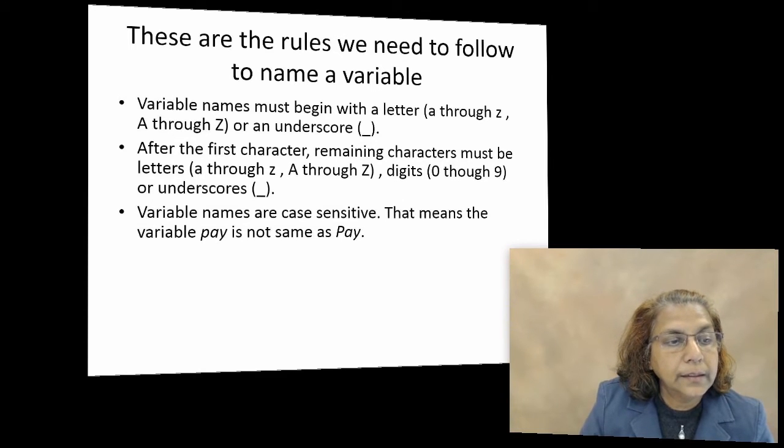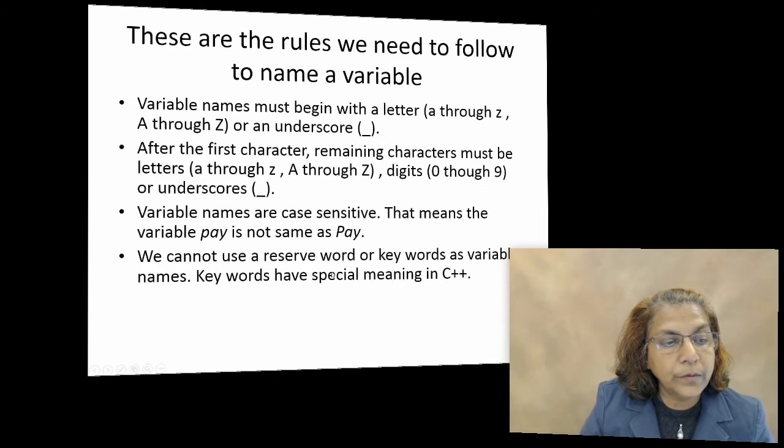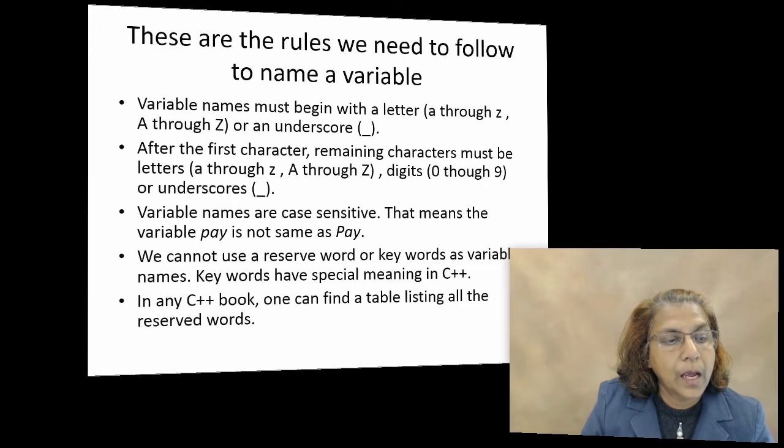That means the variable pay with the lowercase p is not the same as Pay with the uppercase P. And also we have to remember we cannot use a keyword or reserved word as a variable name, because keywords have special meaning in C++. So we cannot use them as variable names. In most C++ books, you can find a table which lists all the reserved words.